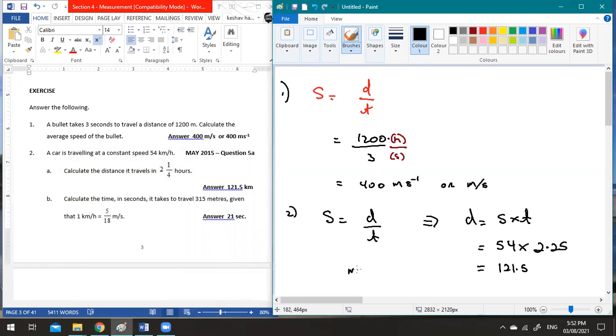The speed is in kilometers per hour, and we multiply by time, which is in hours. A little bit of mathematics gives us the units as kilometers, so the distance will be in kilometers.